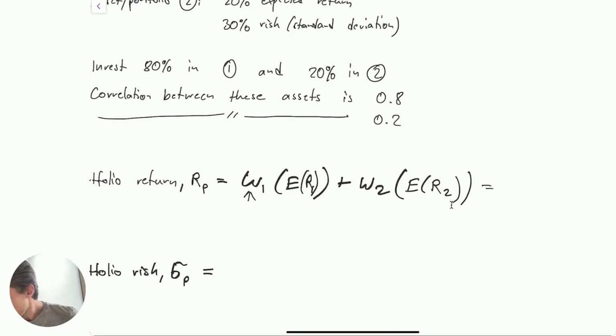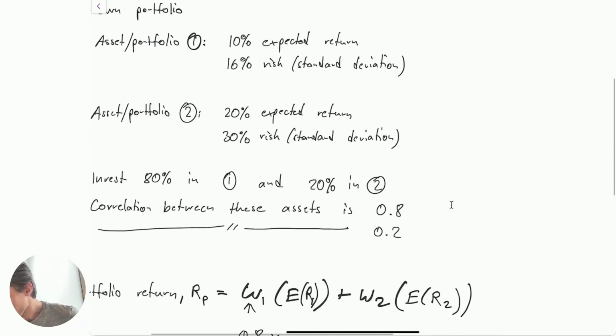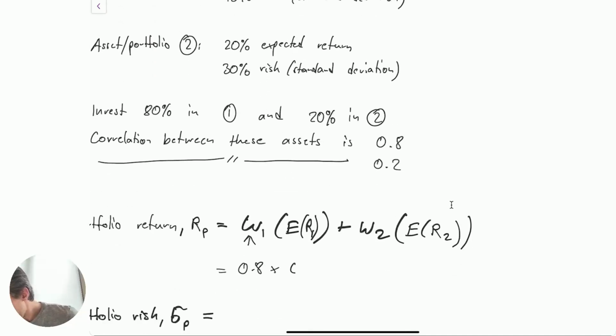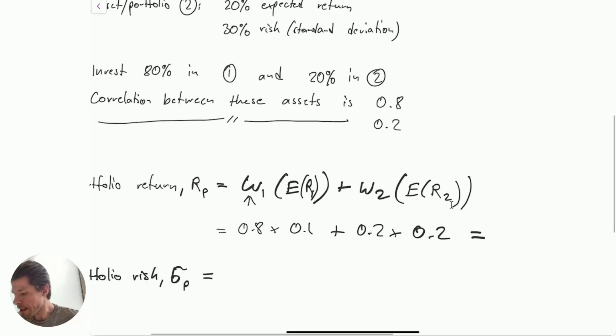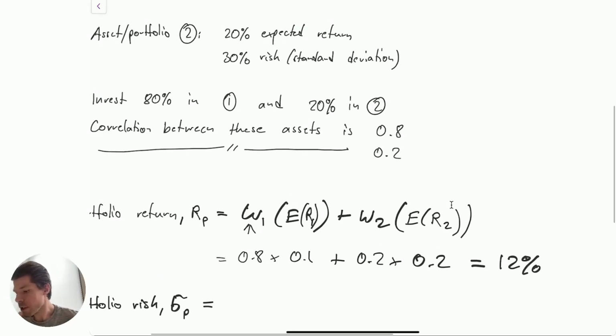So we have 80% times, for our first one, our expected return was 10%, plus 20% times expected return, here 20%. That's what we do. 0.8 times 10% plus 0.2 times 20%. And then your expected portfolio return is 12%.